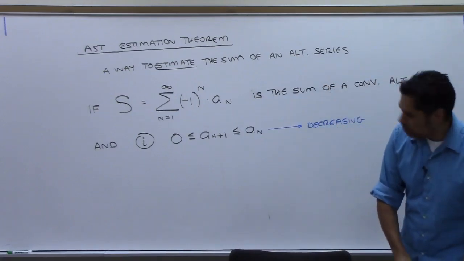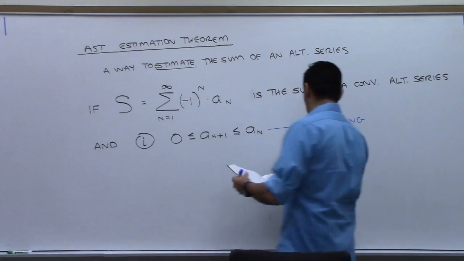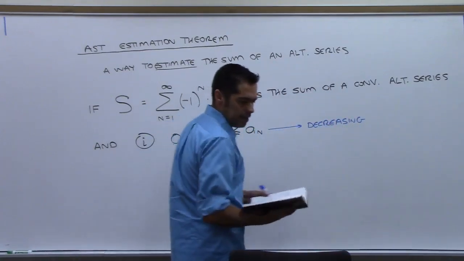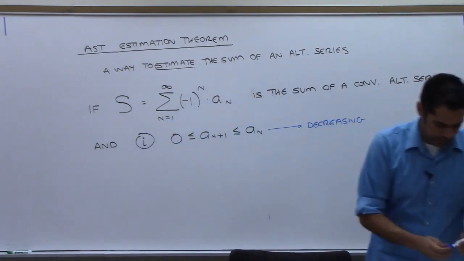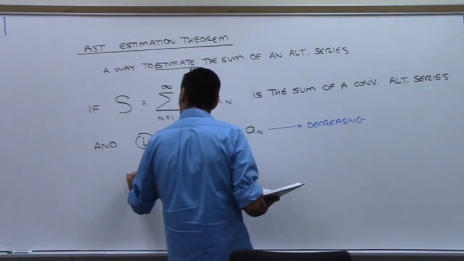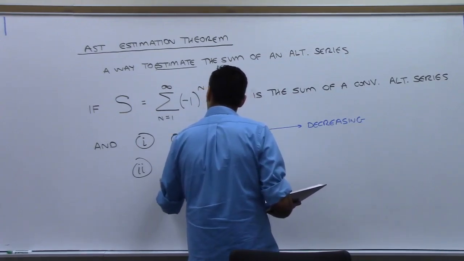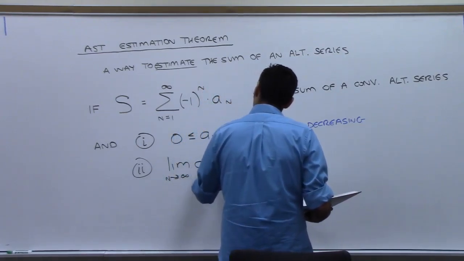So if that's true, and the second thing is that the limit as n goes to infinity of a sub n equals 0.